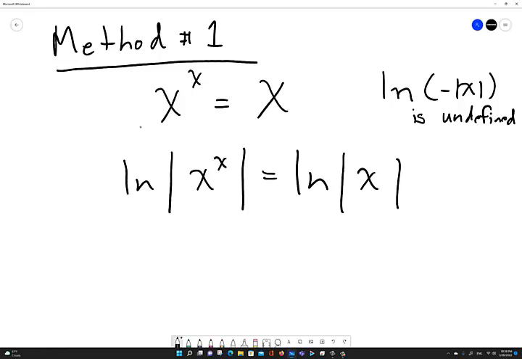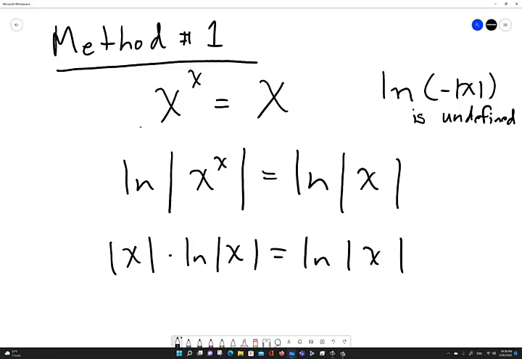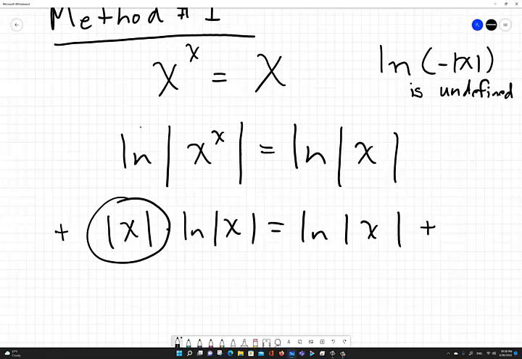And here, let me explain why I put an absolute value sign right here. It is because you want the left side to be positive because the right side is also positive.